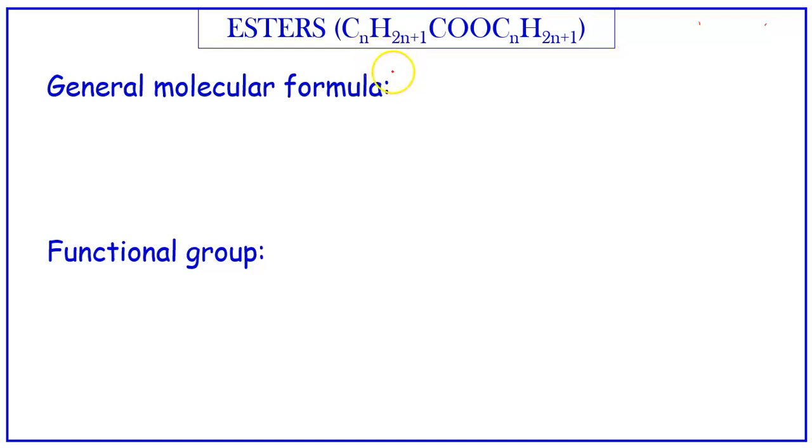Esters have a general molecular formula just like other families too. The general molecular formula of esters is RCOOR, where R represents an alkyl group, which we know is CnH2n+1.